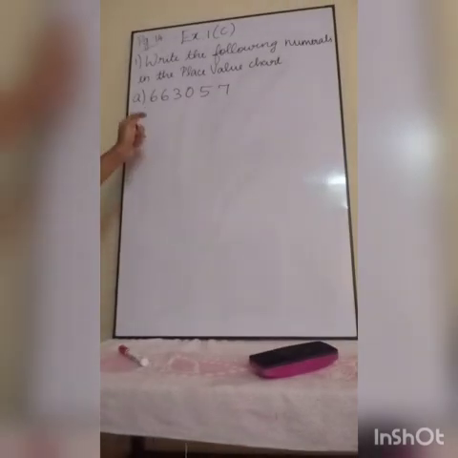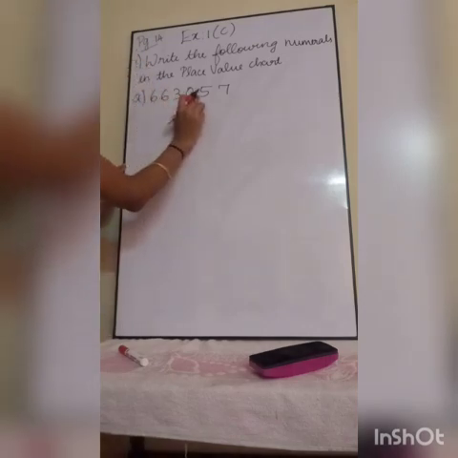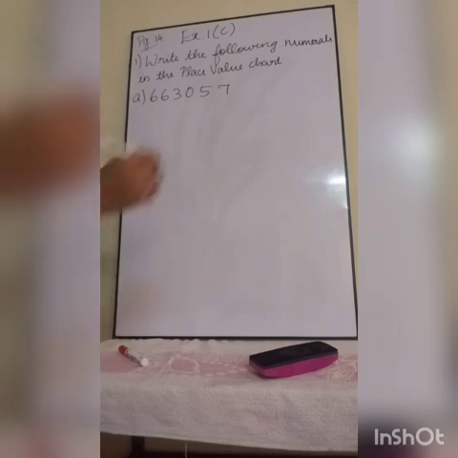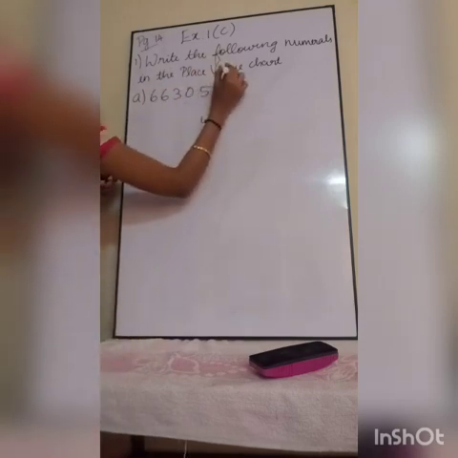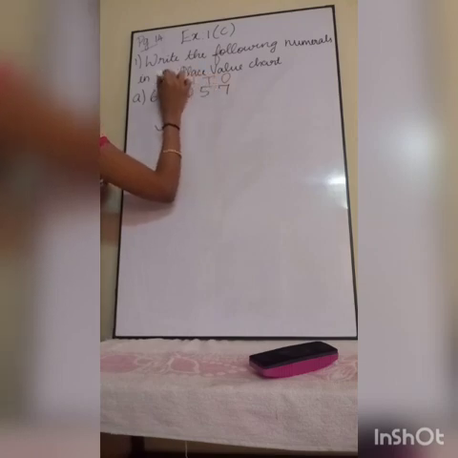Okay, so here what I am going to do is find the place value of all the digits. They didn't specifically give what is the place value of this, what is the place value of this, like that. We have to do it for all the numbers. So first I am going to write the place values for every number: ones, tens, hundreds, thousand, 10,000, lakh.